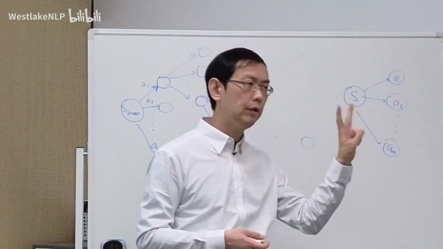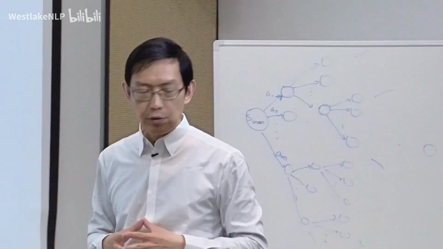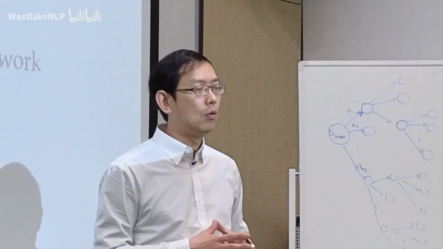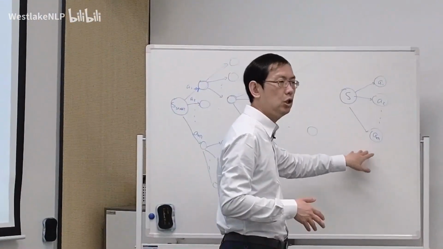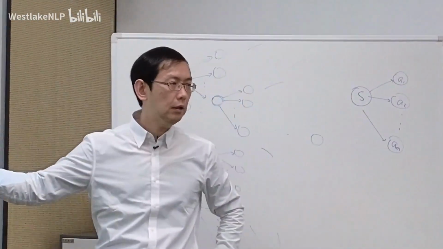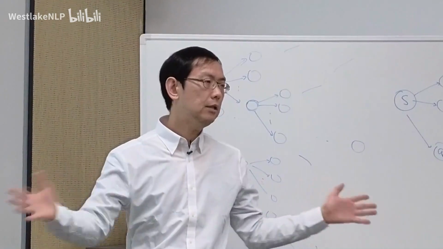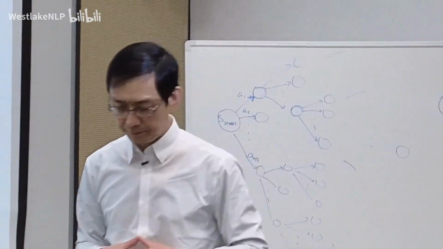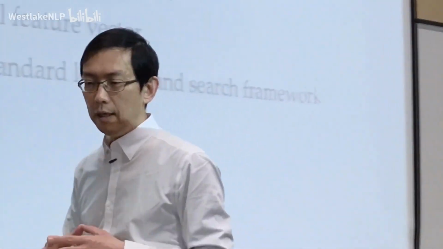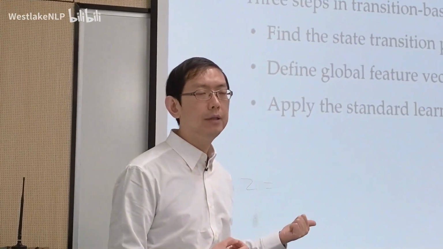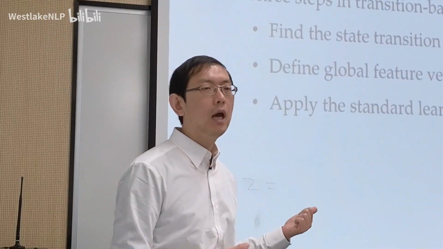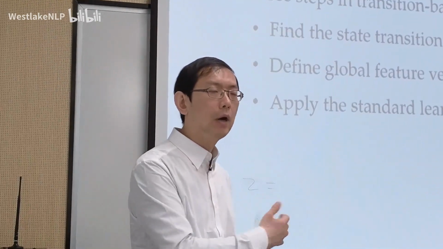We only need to do these two things. And after these are done, we plug in the state transition process and features into the model framework here. We can solve any structure prediction problems. And as I go through these examples, I illustrate the advantage of transition-based methods as compared with graph-based methods.